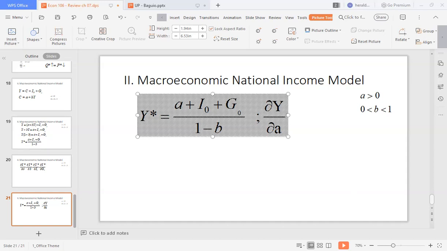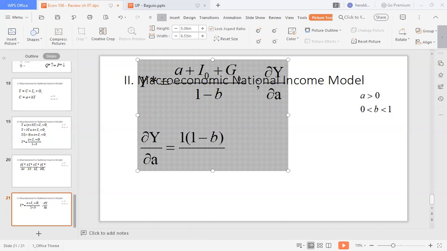So that's 1 minus b, 1 minus b, and then we have the rest.